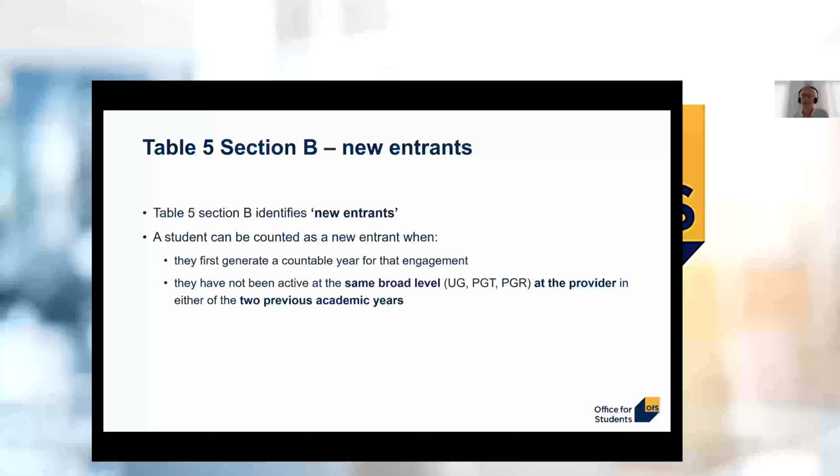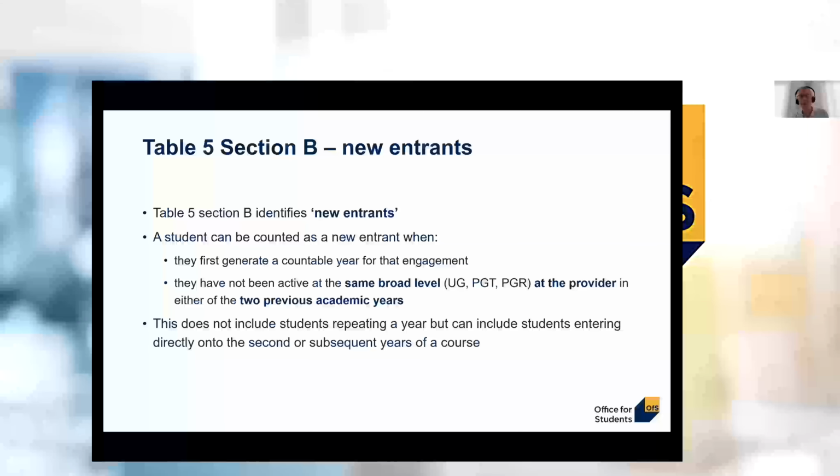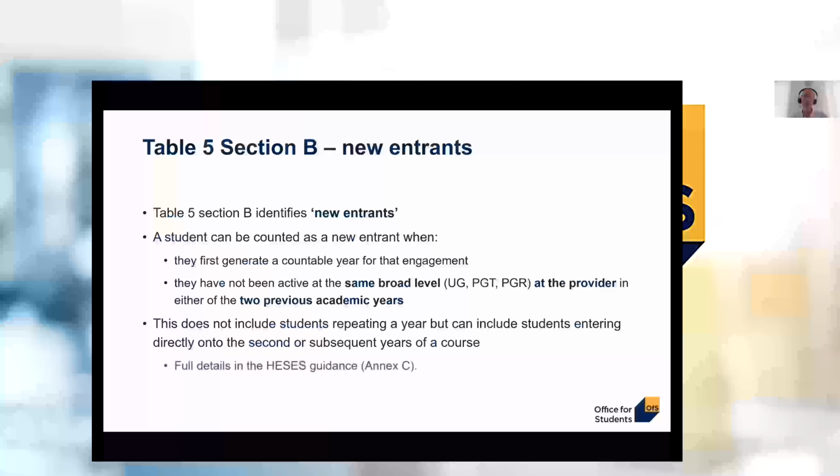So this does not include students who are repeating a year, but it can include students entering directly onto the second or subsequent years of a course. Full details on this are available in Annex C of the guidance. And again, remember the C1 and C2: C1 for further education colleges and C2 for everybody else.